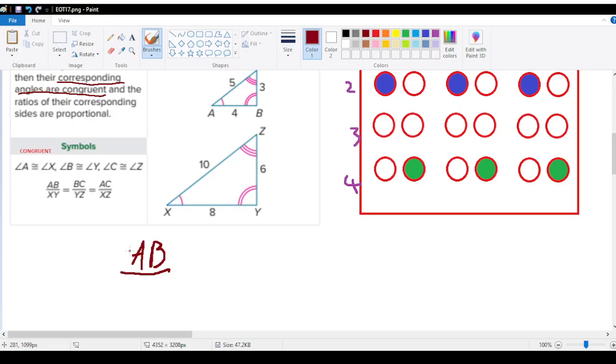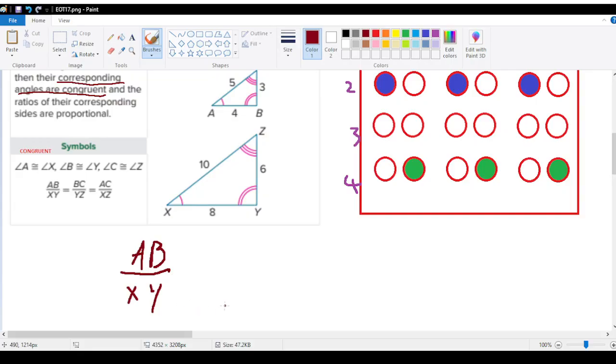X, that's correct. What is the corresponding letter for B? Y. So AB over what? Over XY. It's better to say XY because it's AB, not BA, in order to say YX.